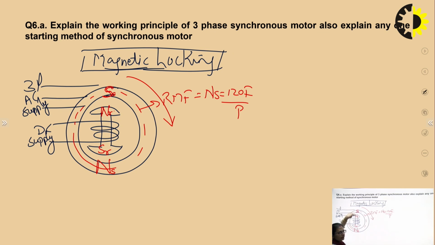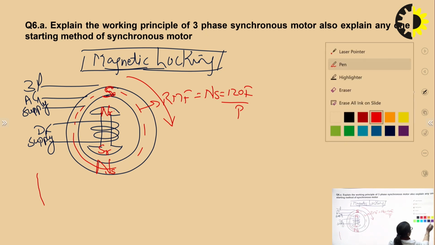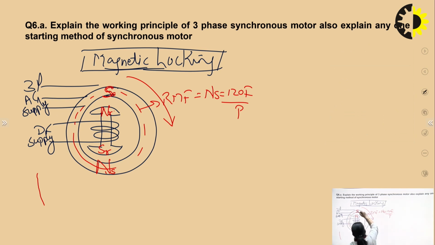Here it is south, here it is north, here it is south, here it is north. So we are having opposite poles made closer to each other. And if that happens, their magnetic axes are being aligned, right? In that case, the magnetic coupling, magnetic locking occurs, right?